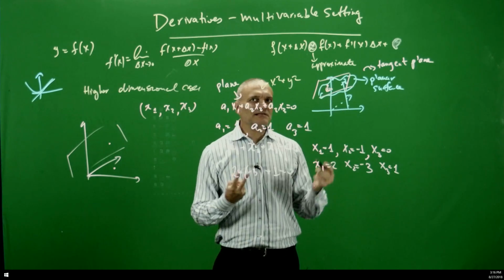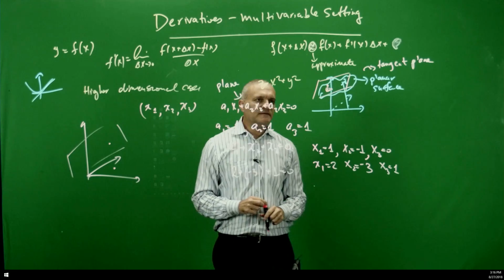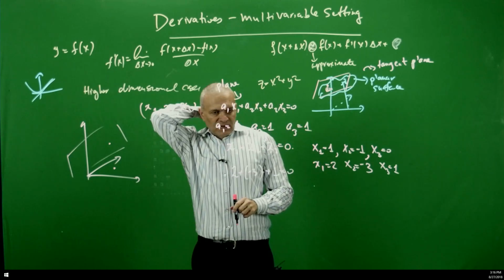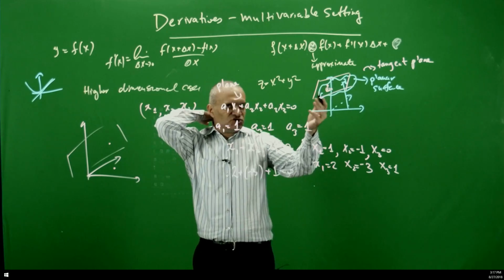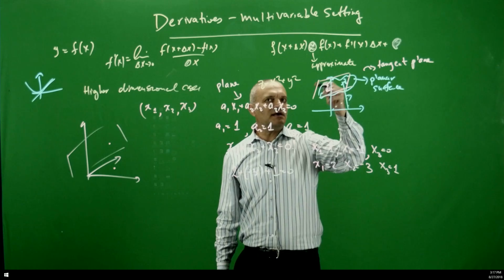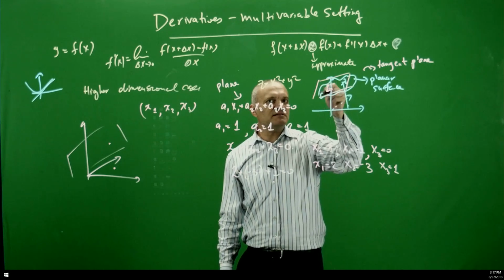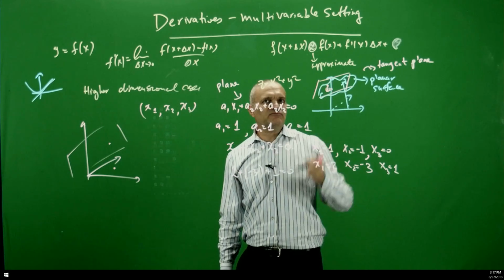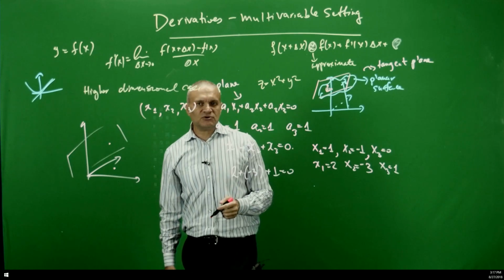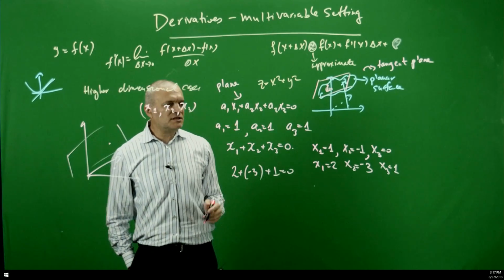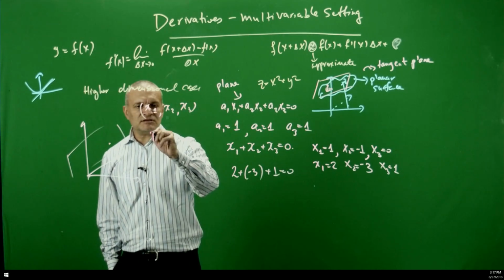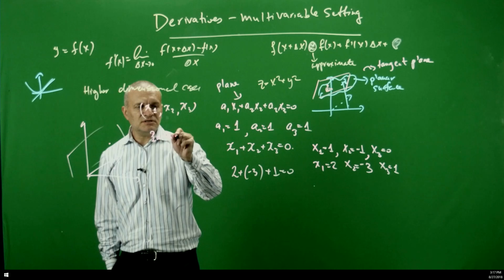You have to do it with at least two numbers. So how do we generalize the notion of derivative, and how do we find the equation for this tangent plane? What you want to do in this case is look at something we call partial derivatives.